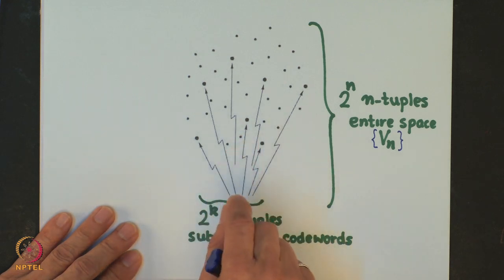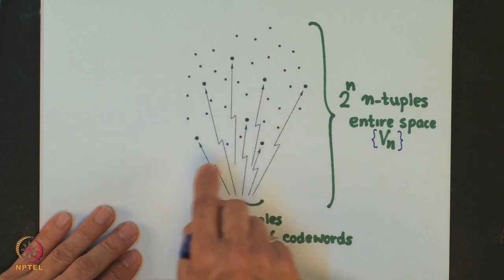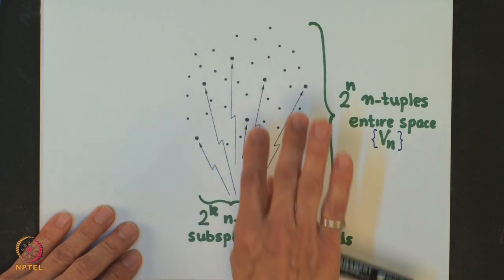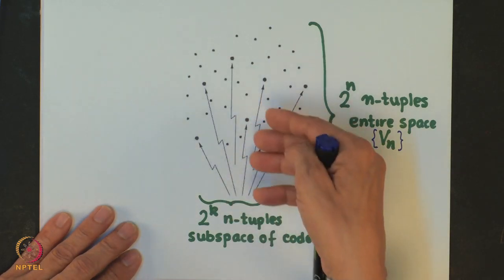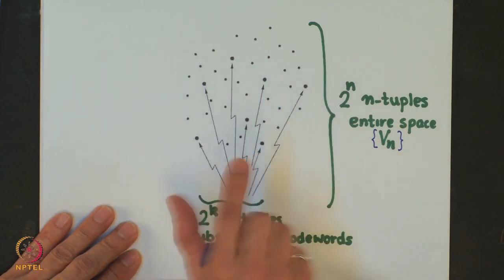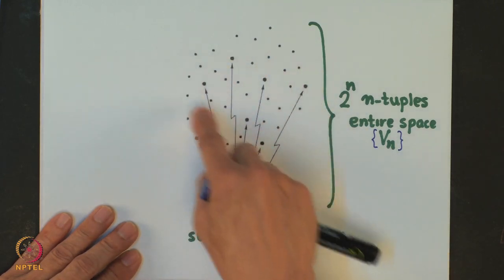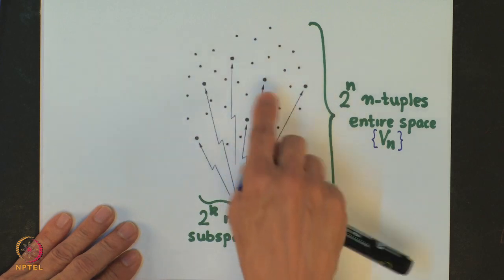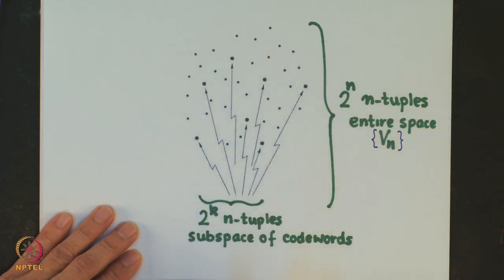So, a message is encoded into any one of the 2 raised to k allowable code vectors and then transmitted. Now, because of noise on the channel, a perturbed version of the code word, which will be one of the other 2 raised to n vectors in the n-tuple space, will be received.